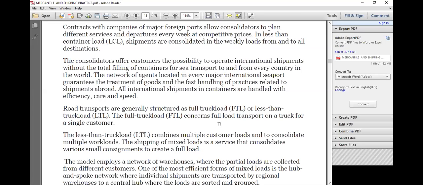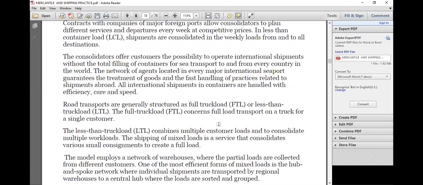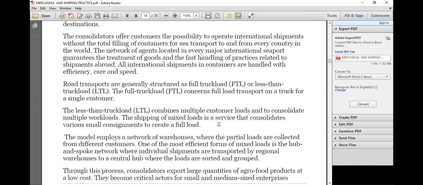And the shipping of mixed loads is a service that consolidates various small consignments to create a full load. As I said, when you hear the term consolidators, know that these are people who deal with small shipments. So the model employs a network of warehouses where the partial loads are collected from different customers.